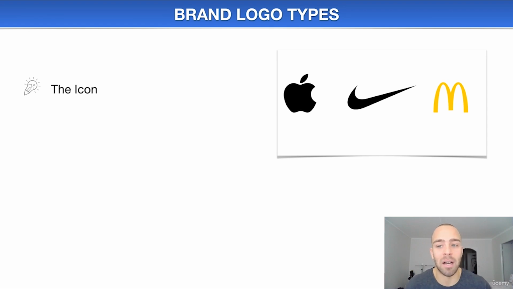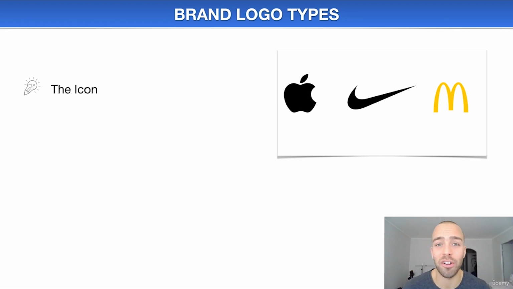And the McDonald's M, I don't relate an M to a burger if I didn't know about McDonald's. So only because these companies are huge today, I know exactly what I'm getting. I know exactly what to remember them by. But if you are new in business, you're having your startup maybe up and running, or maybe you are in the starting phase, then going after just the icon can be a little bit bold, because normally the icon doesn't have too many letters or even letters at all in it.